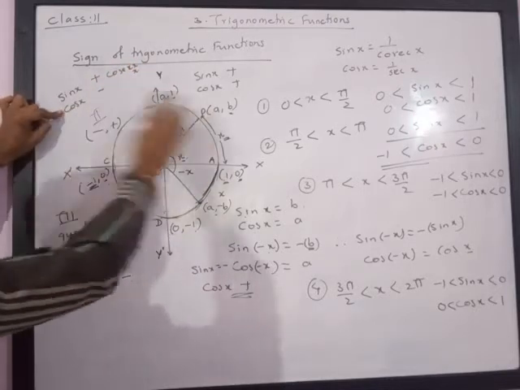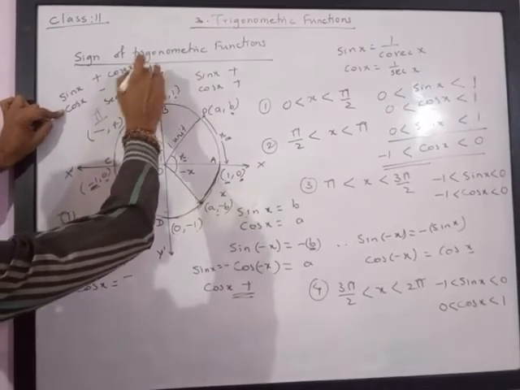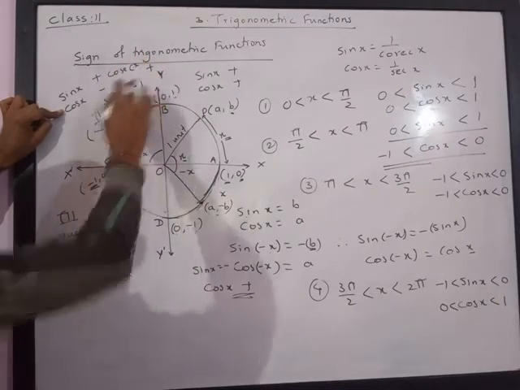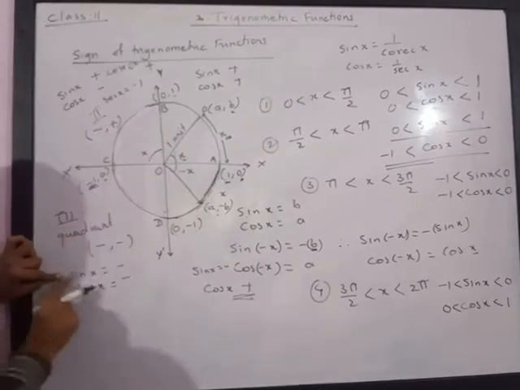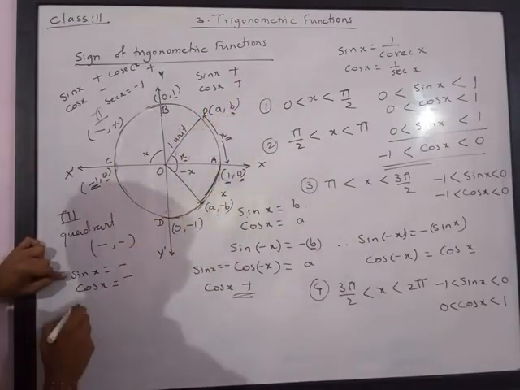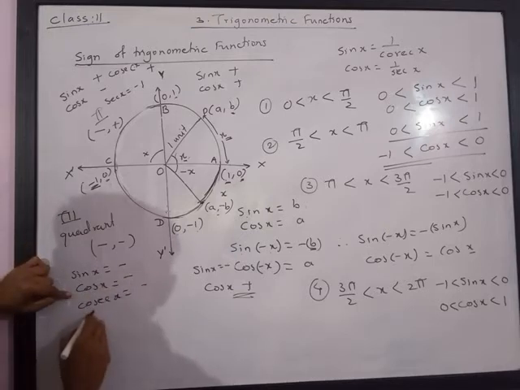Cos x is negative means sec x is also negative. So here cosec x is positive and sec x is negative. Now sin x is negative means cosec x is also negative, and cos x is negative means sec x is negative.